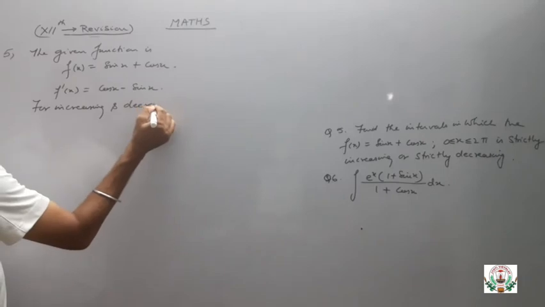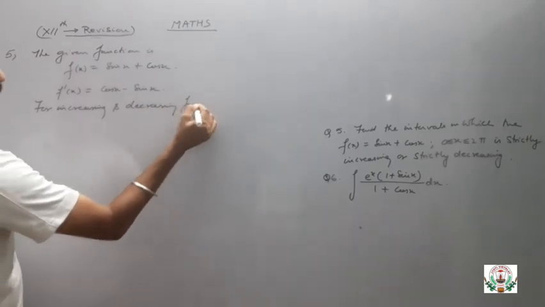For increasing and decreasing functions, we take f dash x equal to 0 here. Cos x minus sin x will be equated to 0.